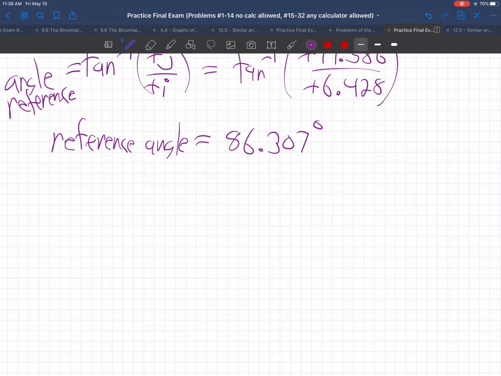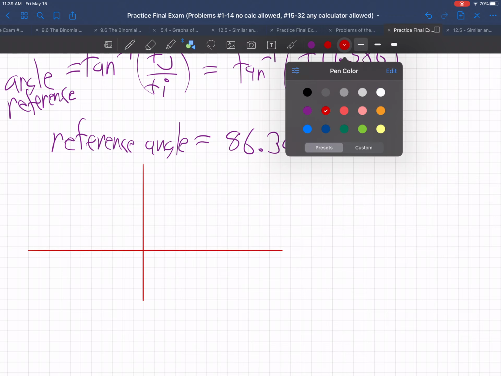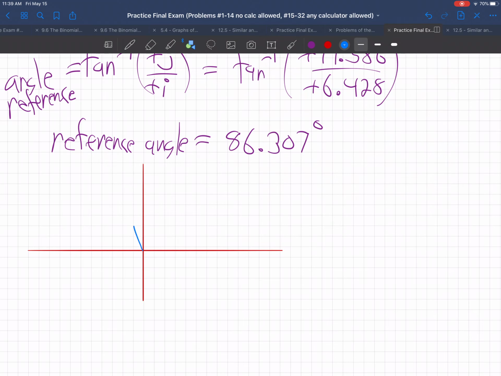All right, let's draw it down here. This will be helpful. We're almost done, but you can't mess up this last part. So there's an axis system. Remember, our resultant is somewhere in the second quadrant, right? Like there's our resultant vector. And then what's this reference angle stuff?